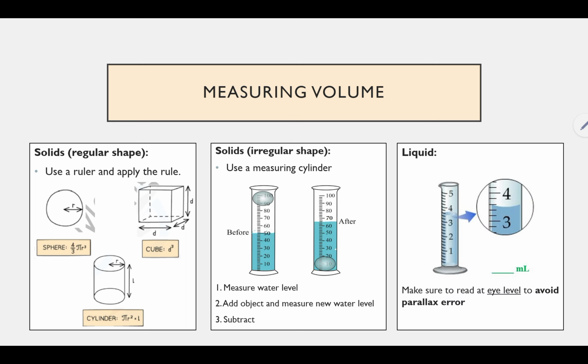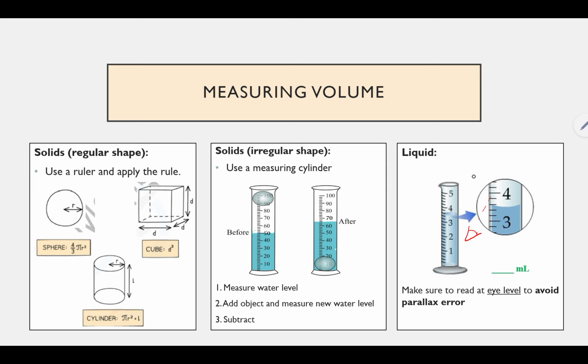Last thing to know about measuring volume is I can measure the volume of a liquid using a measuring cylinder, but I have to be very careful to do my reading at eye level to avoid parallax error. What is parallax error? If, for example, you're trying to read this number, knowing that light goes in a straight line, if I'm trying to read from here, I will accidentally get the number that is a bit above.